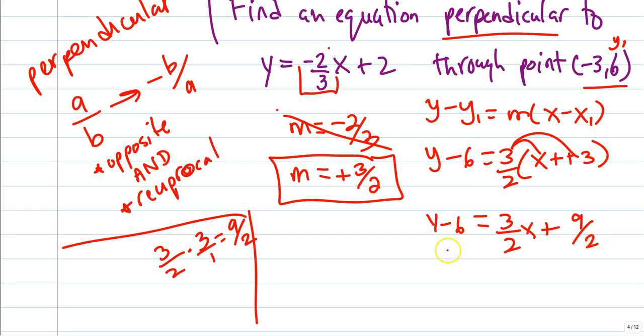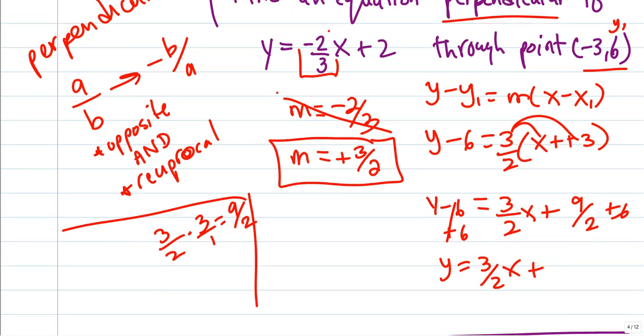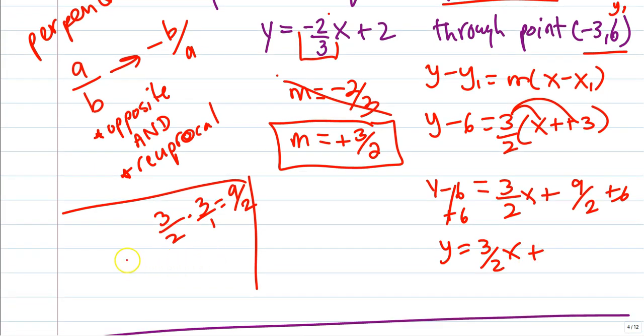And last but not least, adding 6 to it, y is equal to 3/2 x plus, bring the work to the side, 9/2 plus 6. They need a common denominator of 2, so 9/2 plus 12/2, 21/2.